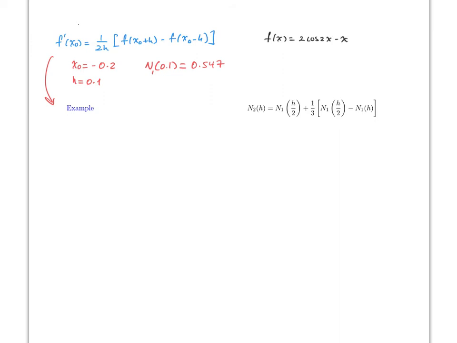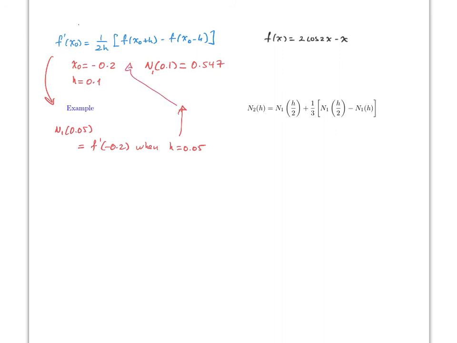Okay, so we still need to figure out N1 of 0.05, which should be equal to f prime of minus 0.2 if we use this new value of h, when h is now 0.05, and we plug it into this equation.